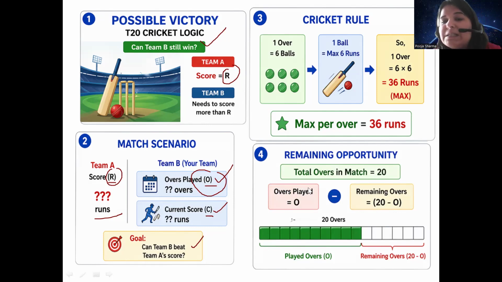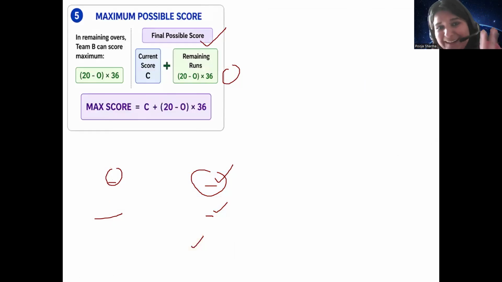So what is the remaining overs? 20 minus O. That is what is left with you, right? And since in one over I can score a maximum of 36 runs, in the remaining overs, what is the maximum run I can score? 20 minus O, whatever number comes, multiply by 36. It's simple mathematics, right? Isn't it?